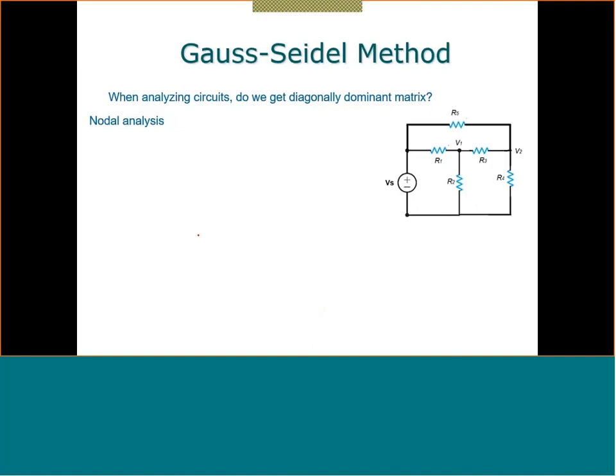Remember, our objective: yes, we use small circuits for hand calculation. But what if my circuit is 1,000 by 1,000? I mean, it has 1,000 nodes or 1,000 loops. Of course, I cannot solve this. And this is something that is available in reality.